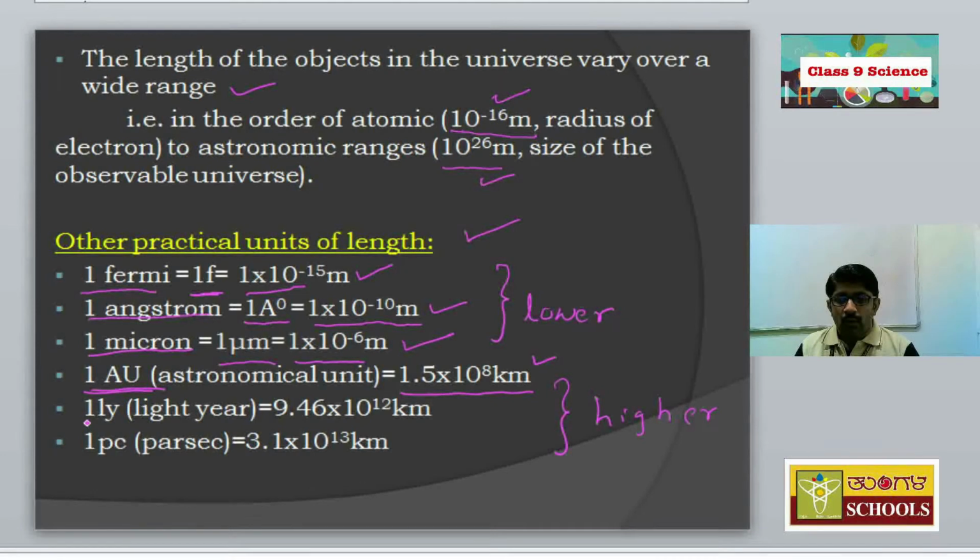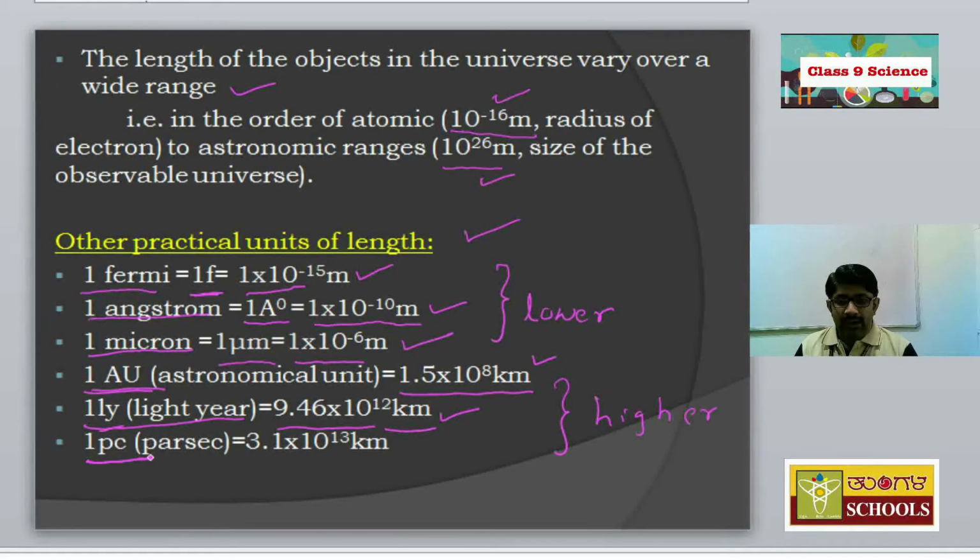Similarly, 1 LY. 1 LY is light year. 1 light year is equal to 9.46 into 10 to the power 12 kilometer.